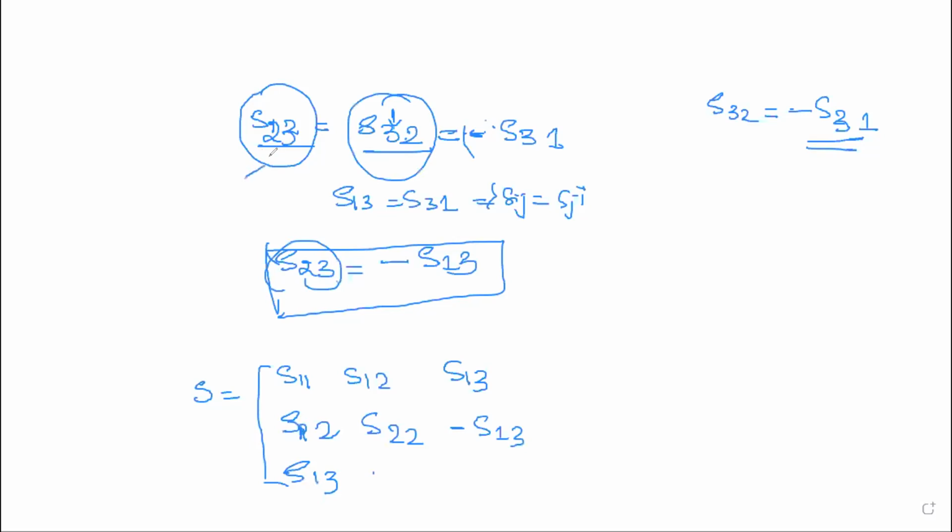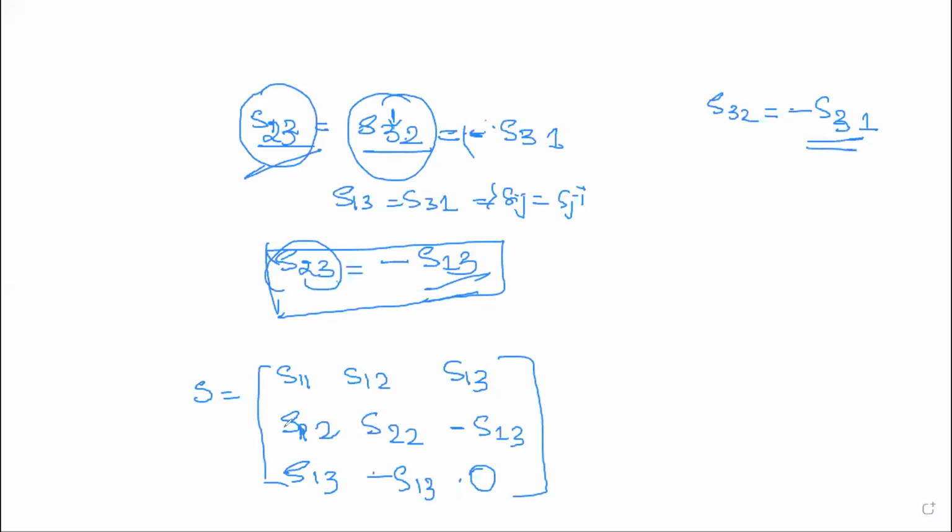S32 can also be written as S23, and S23 can also be written as minus S31, so it is minus S13. This value we know is 0, S33. Any confusion in writing? If you have not understood, ask me once again. Because if you understand this, you can directly do the other two derivations, H-plane T as well as magic T. Fine.